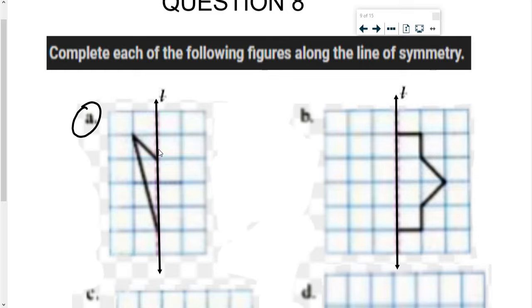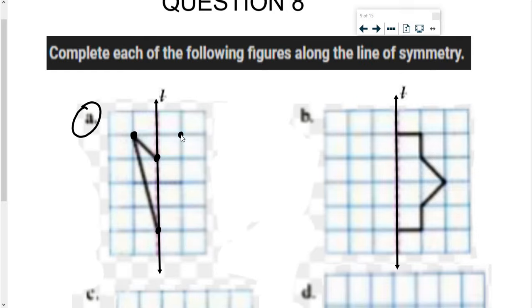Well, step number 1 is label the corners of the shape. Step number 2, the corners which lie on the line of symmetry will remain in the same position. But this corner, which does not lie on the line of symmetry, will be reflected along the line of symmetry. And you can clearly see that this point is one box away from the line of symmetry, so its reflection will be on this side, one box.